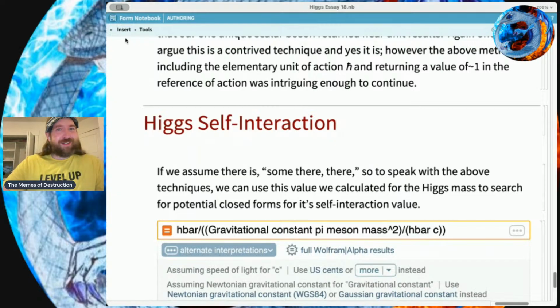Now we need the Higgs interaction. Is that in the Wolfram language? I think so. Formula.